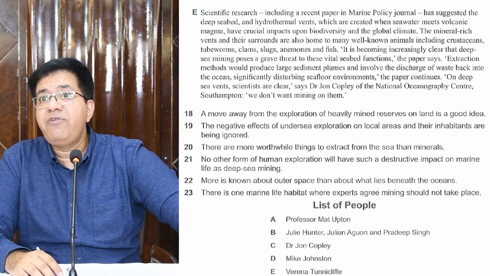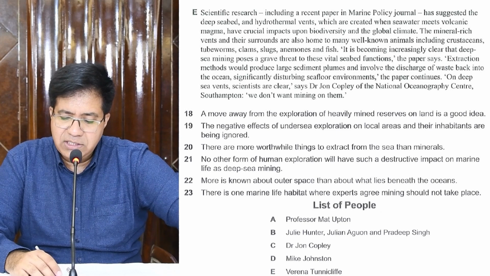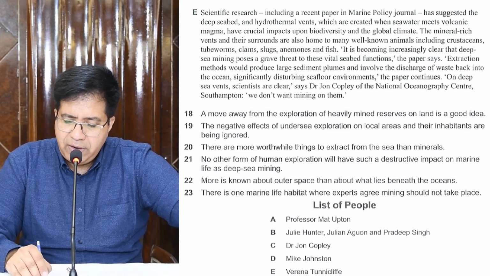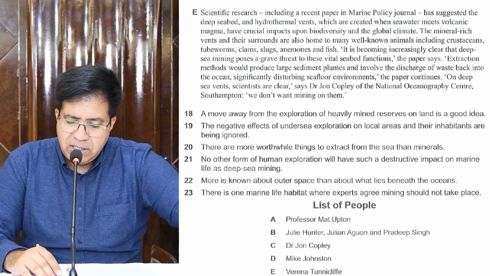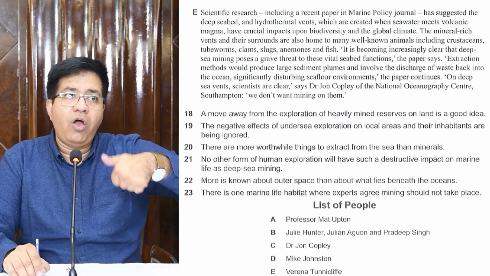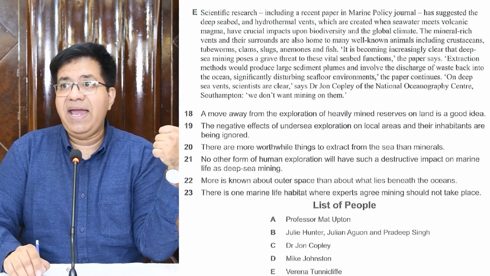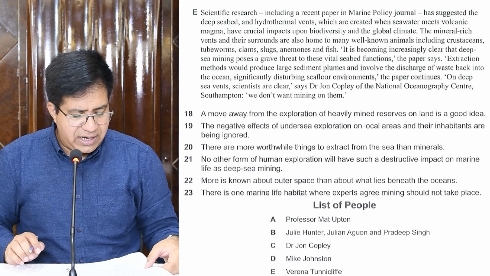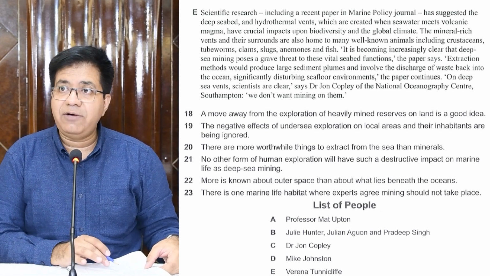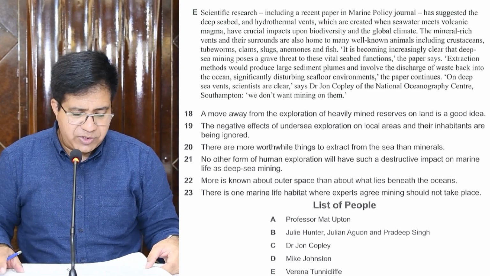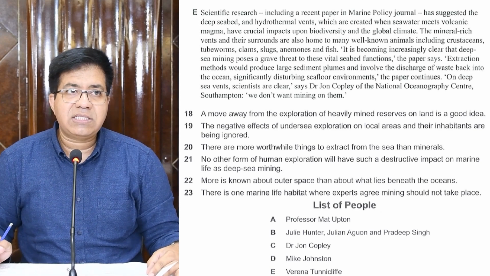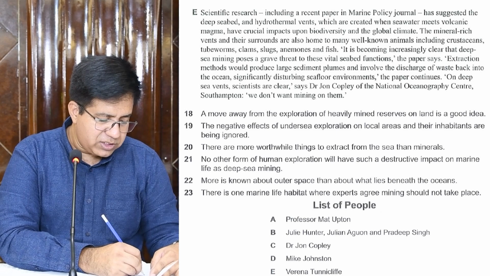These caves are called vents, V-E-N-T, vent. So, on deep sea vents, scientists are clear, right? And then he says, we don't want mining on them. Them means sea vents. So, question number 23, there is one marine life habitat, that is vents, where experts agree mining should not take place. Question number 23, correct answer is C. And we cross 23 as well.